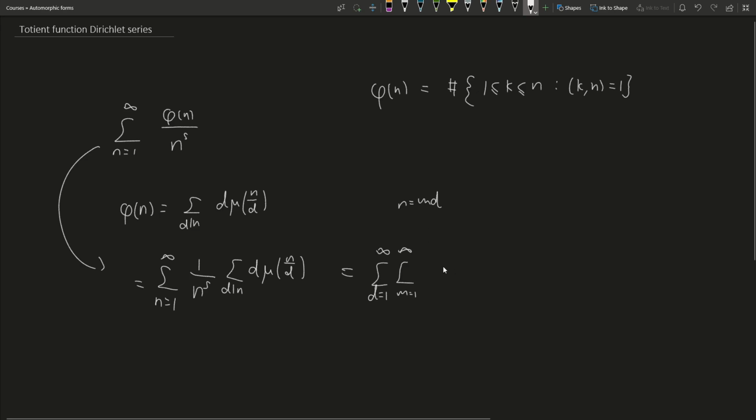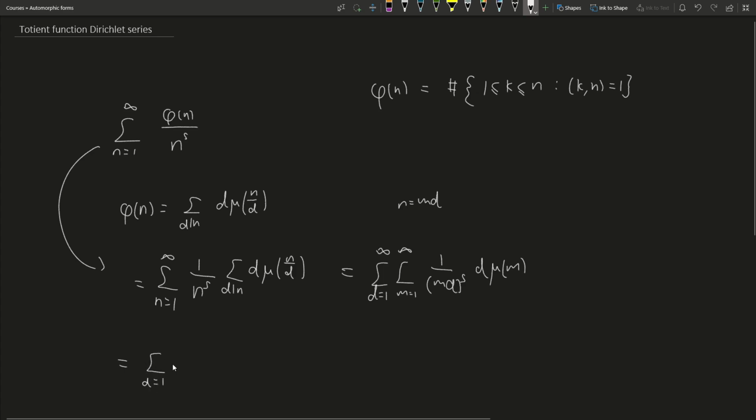And now what do we end up getting? Well, we have 1 over md to the s, and then here we have d times mu of m. Here we can recognize this as a product. Maybe I'll rewrite it once for emphasis.